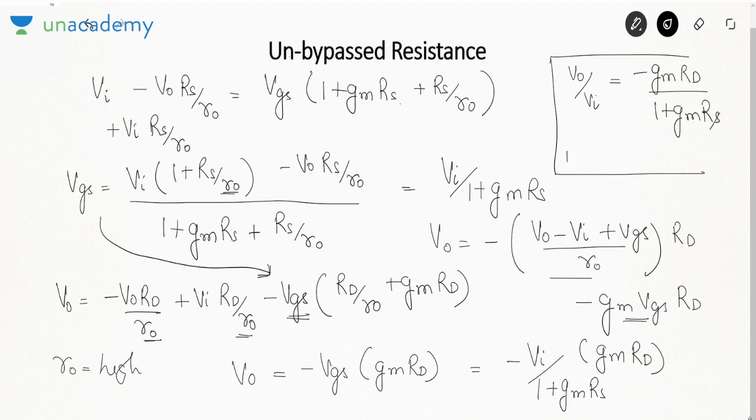Now suppose if RS was 0, that means the resistance was bypassed, the gain would be minus gm RD. So you can see due to the unbypassed resistance, the gain has reduced. That is what we studied in BJT also, that if resistance is not bypassed, it acts as negative feedback and it tries to reduce the gain. And that is the same thing that we have seen in this derivation.